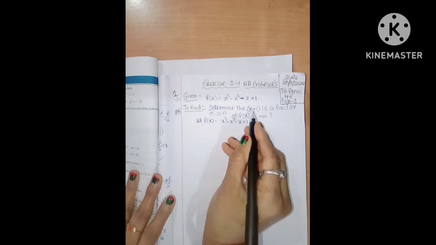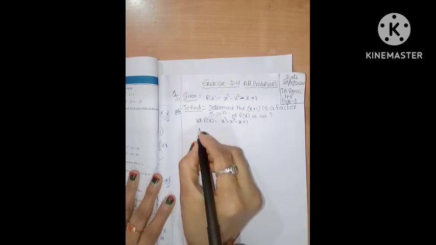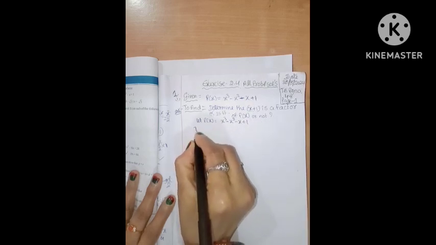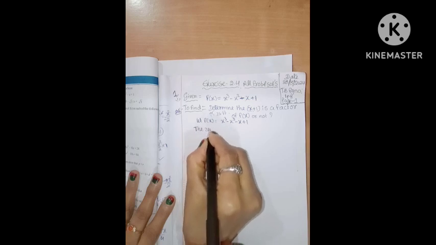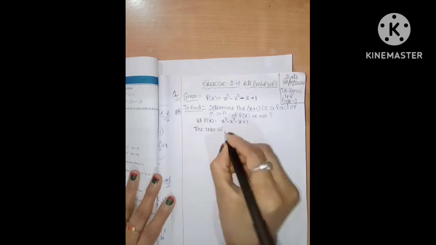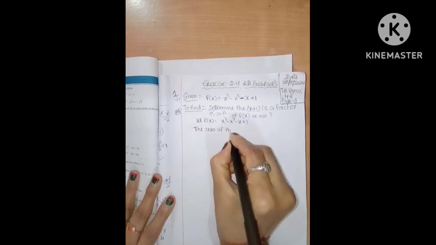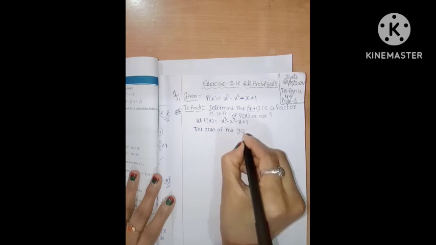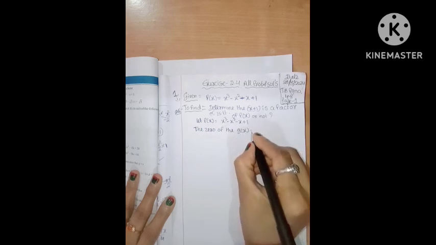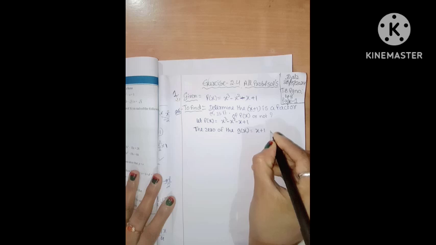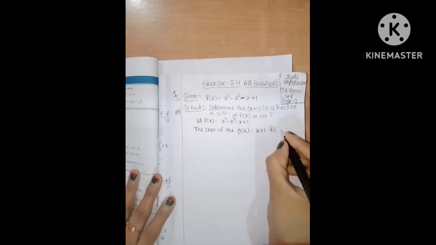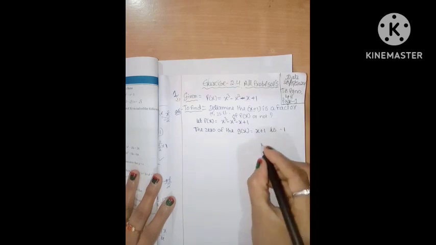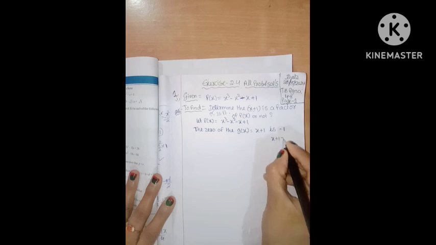Next, g of x is given, that one is x plus 1. The zero of g of x: x plus 1 equal to 0.